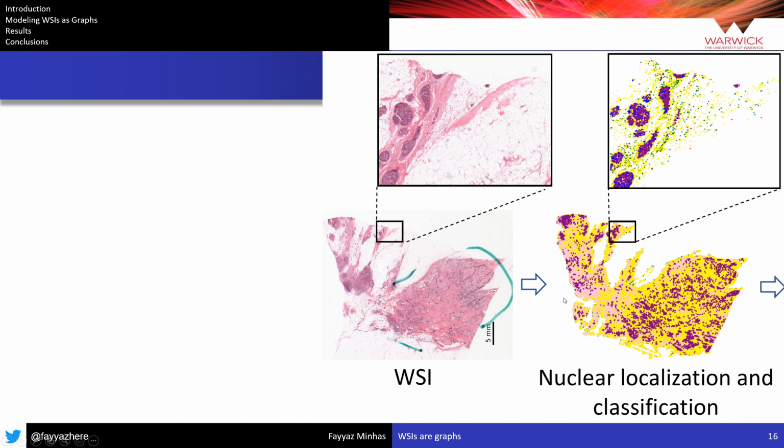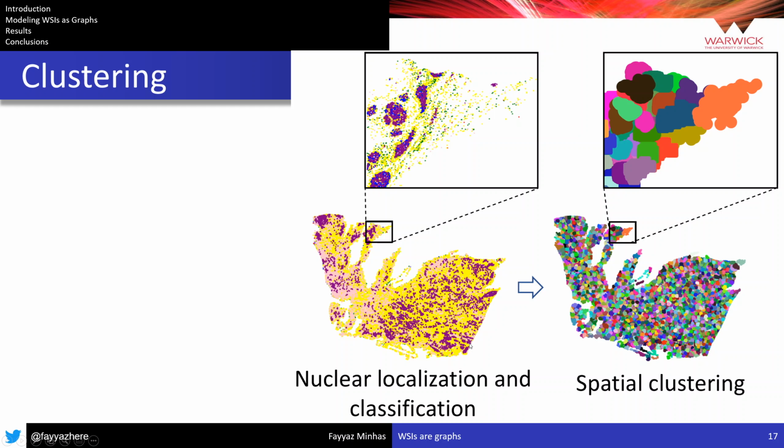Once we have those, we represent different regions in the whole slide image in terms of their nuclear profiles. So that is essentially the count or the density of different types of cells in a given region of the whole slide image. Once we do that, we perform clustering.